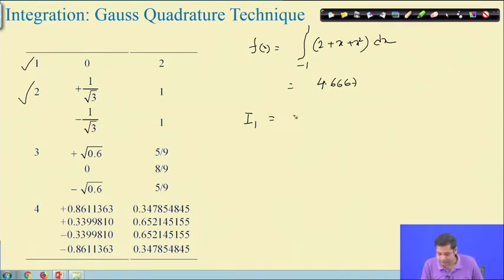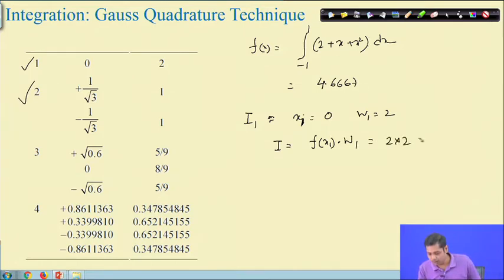So x1 is equal to 0 and w1 is equal to 2. Then the integration I is the function at x equal to x1 times w1. If we substitute that, 2 into 2 is equal to 4. Now, you see the actual integration is 4.67, but we get 4.